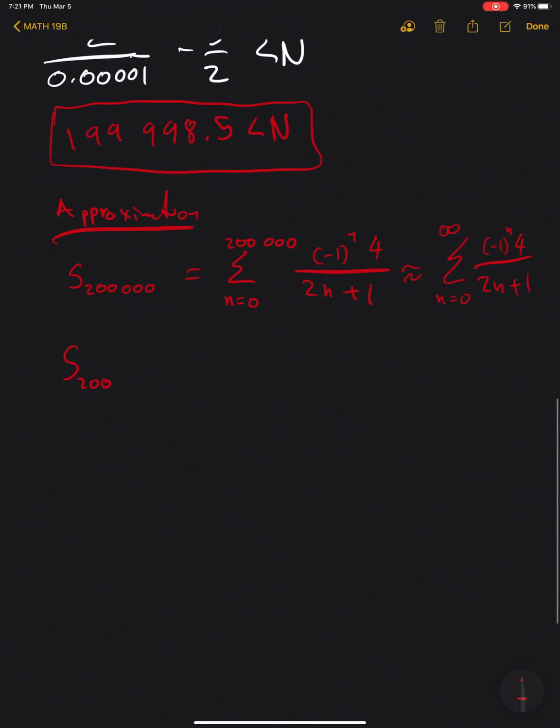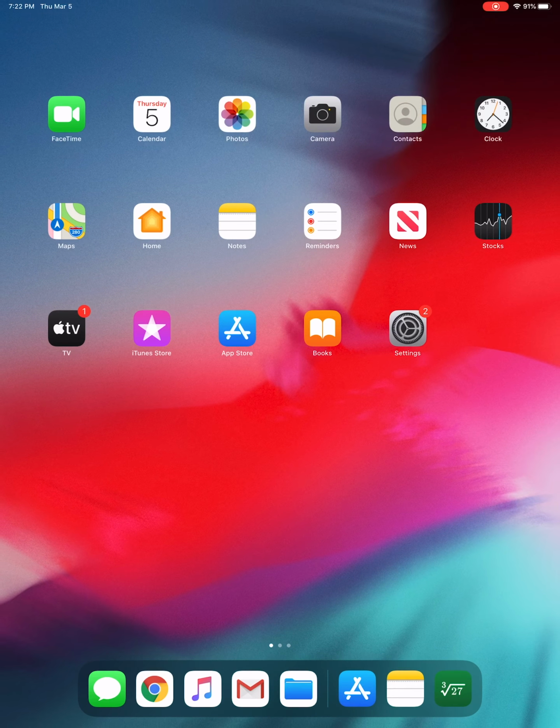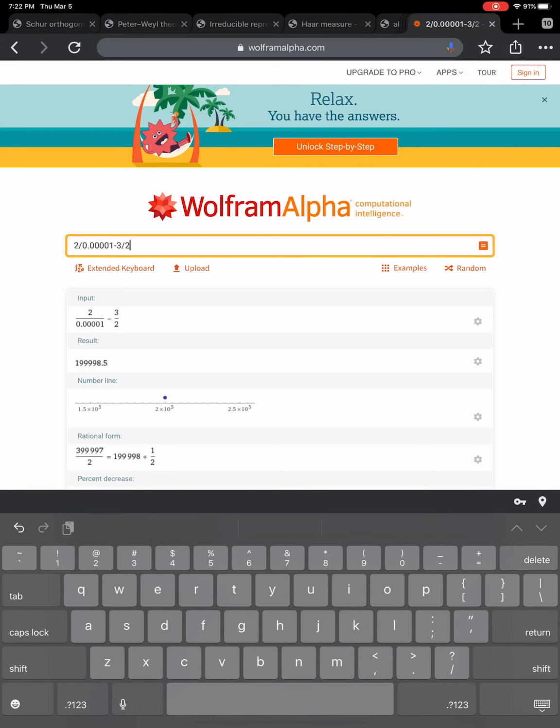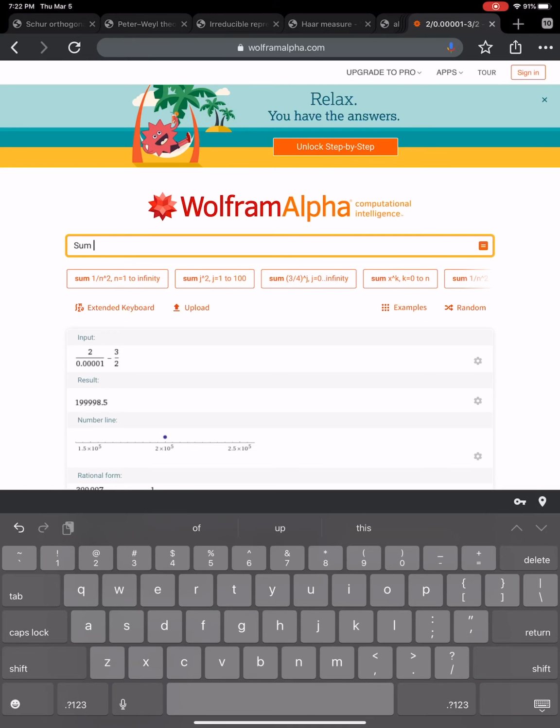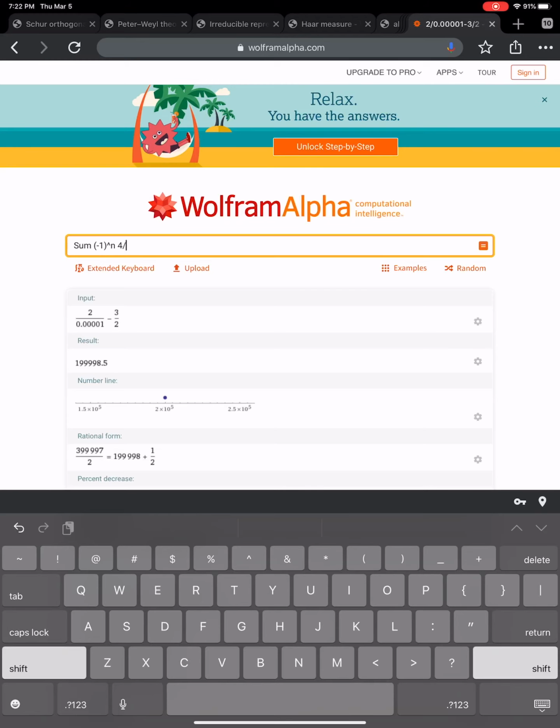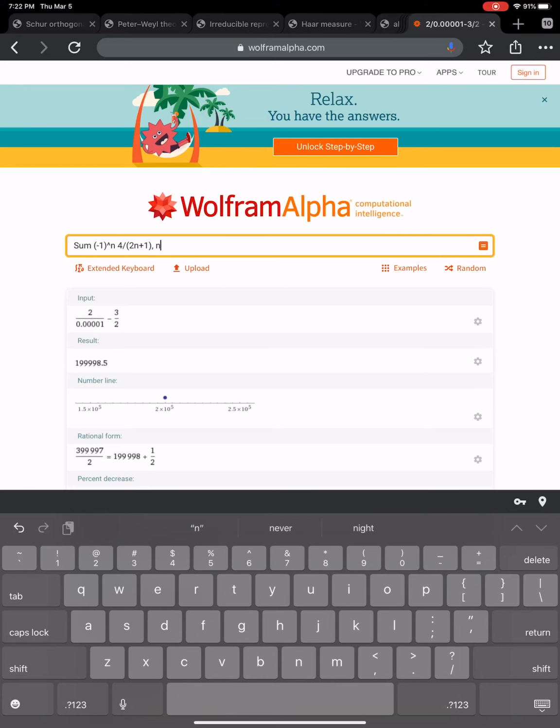So let me use my calculator to find this number. Now I want to do the partial sum of the expression that I have in here, (-1)^n, 4 divided by 2n plus 1, and then we want to sum this from n equals 0 to 200,000.